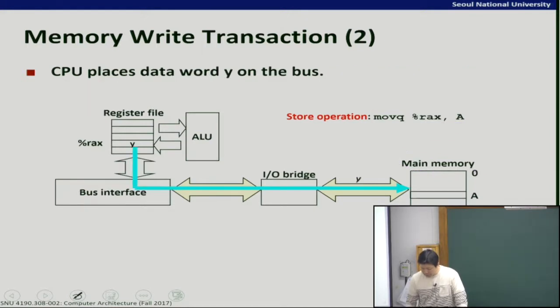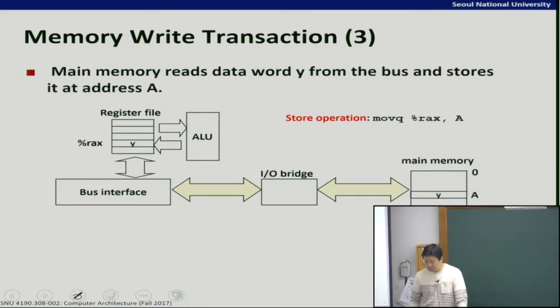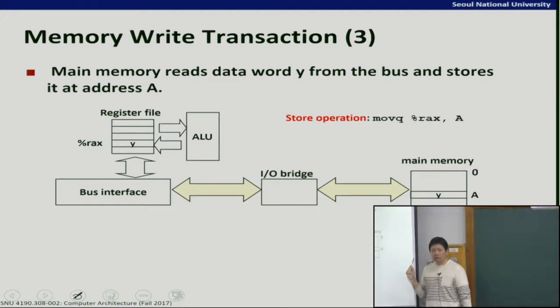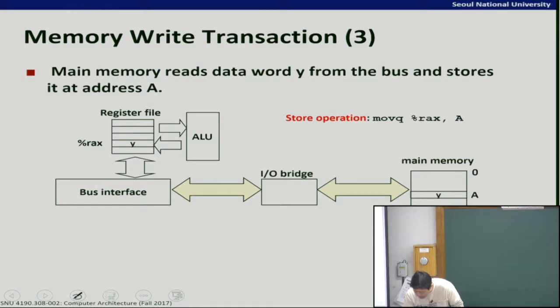In step 2, now you send this value, Y. Let's say the value of the RAX register is Y in this case. Then in step 2, the CPU places this data word Y on the memory bus. Then this memory will receive both the address A and value pair, and this main memory will update the value at location A with the value Y. Right? So that's how this store instruction works.